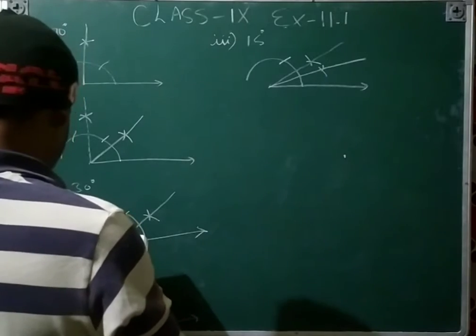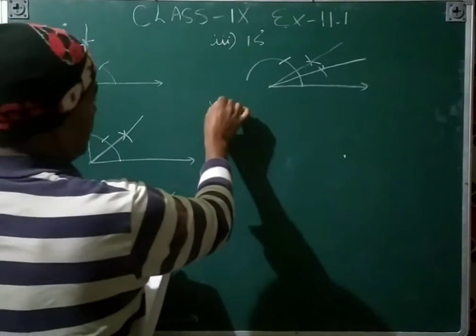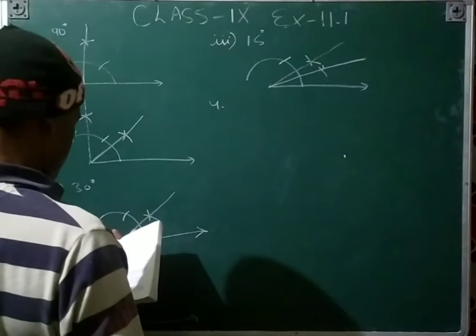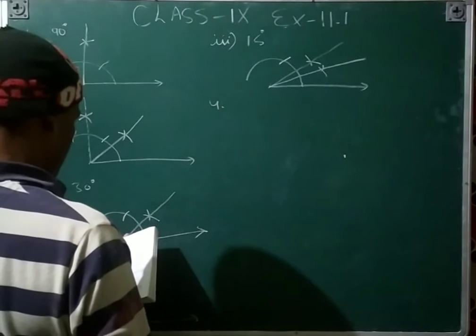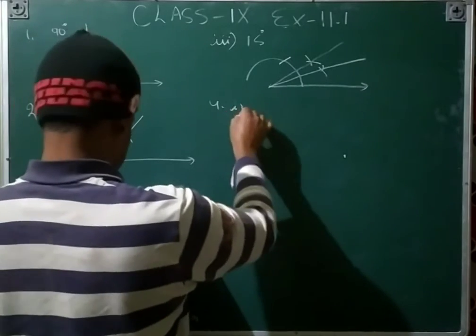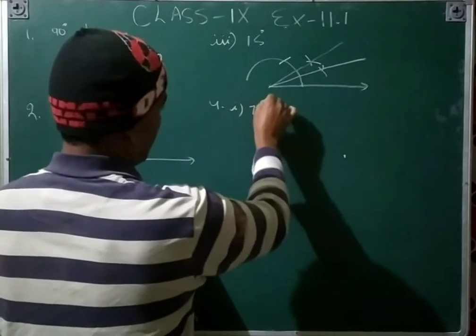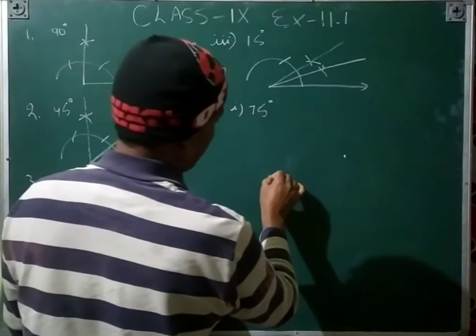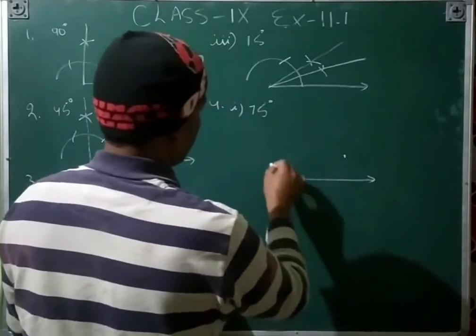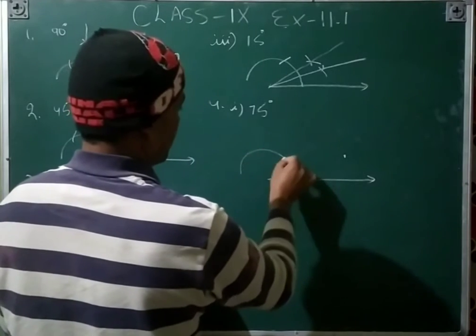Now the fourth question: construct the angle and verify the measurement with a protractor. The first part is 75 degrees. First of all, make 90 degrees by the same process.